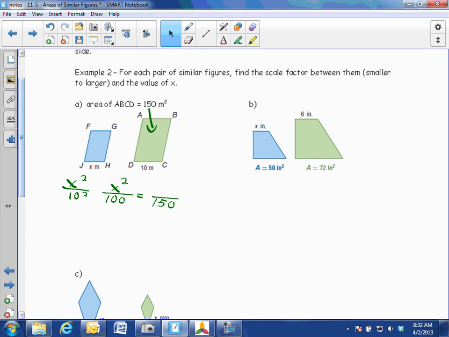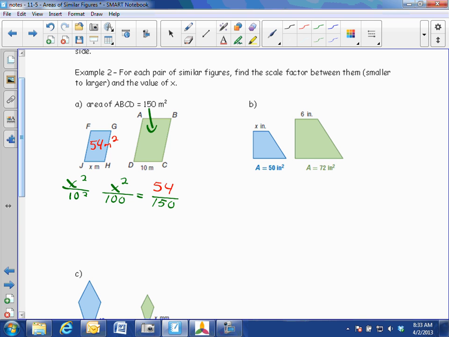Yep, we need the other area. Oh, the other area is 54 meters squared. So that's what we need to put in here. This makes a lot more sense now. Now we cross multiply.